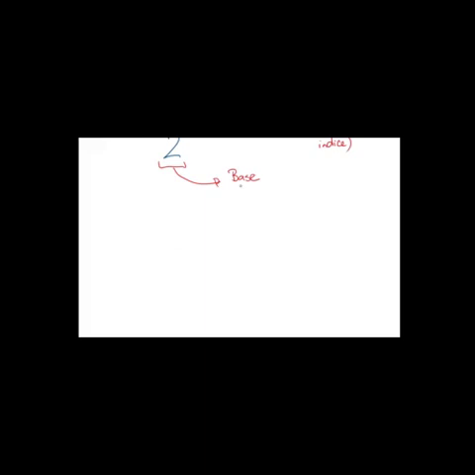What do I mean when I use the rule: if a to the power of m equals a to the power of n, then m must equal n. Let's do an example.